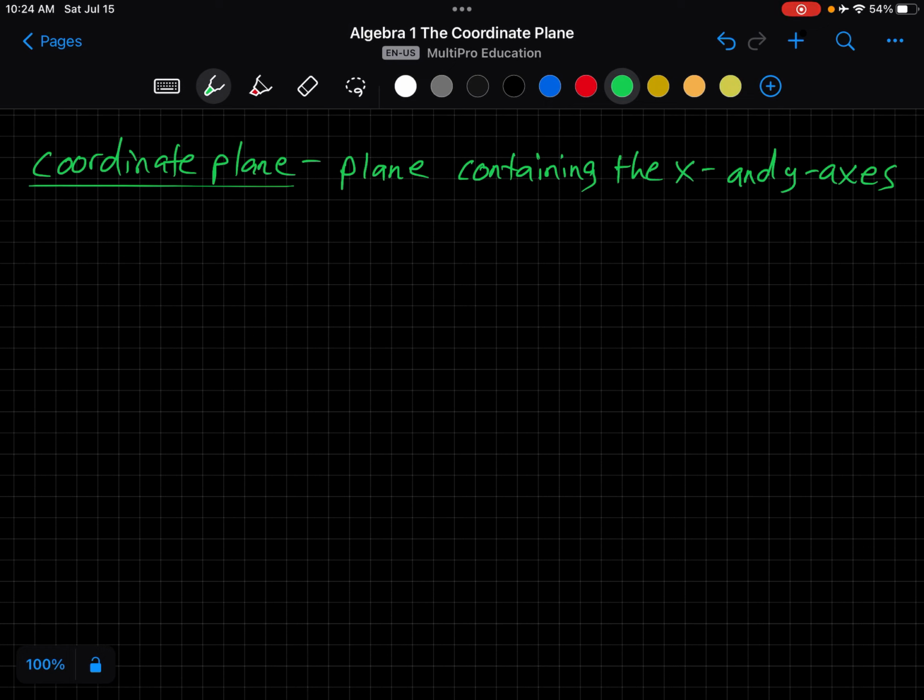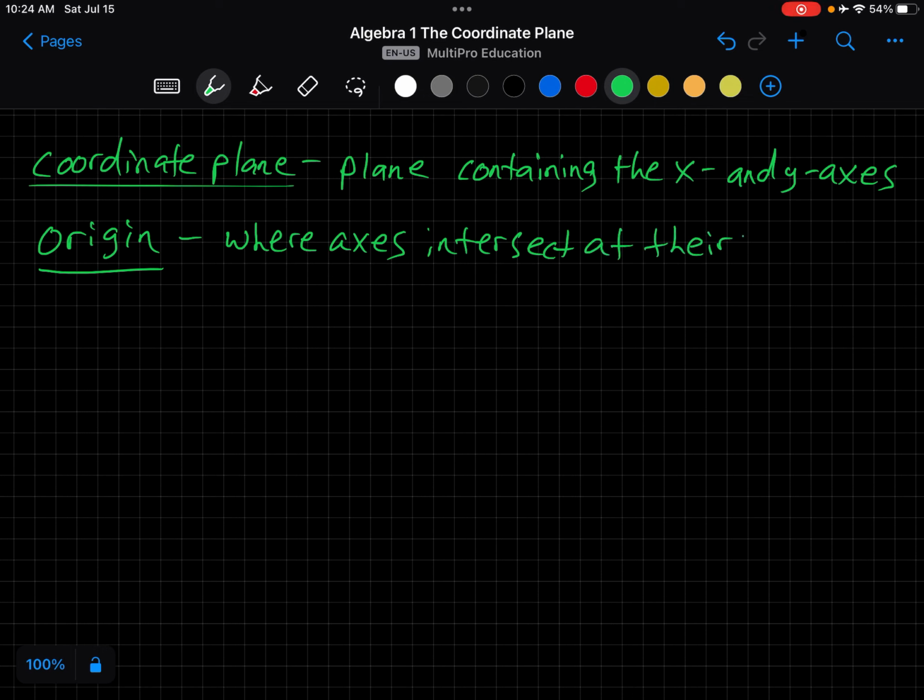Alright, let's talk about another definition here, and that is origin. So if we think about origins, we think, where did things come from? Well, this is similar. So this is where axes intersect at their 0 points.